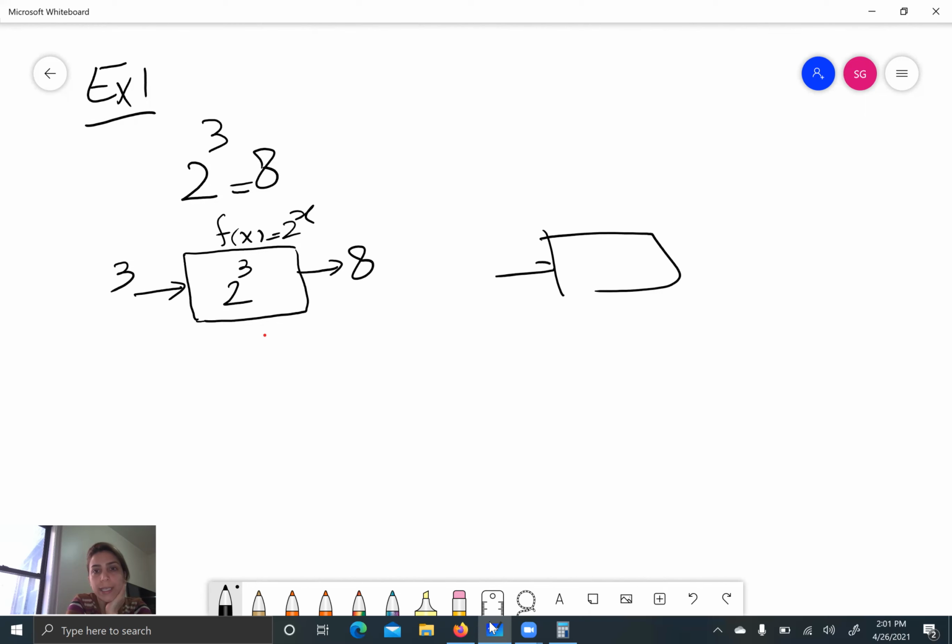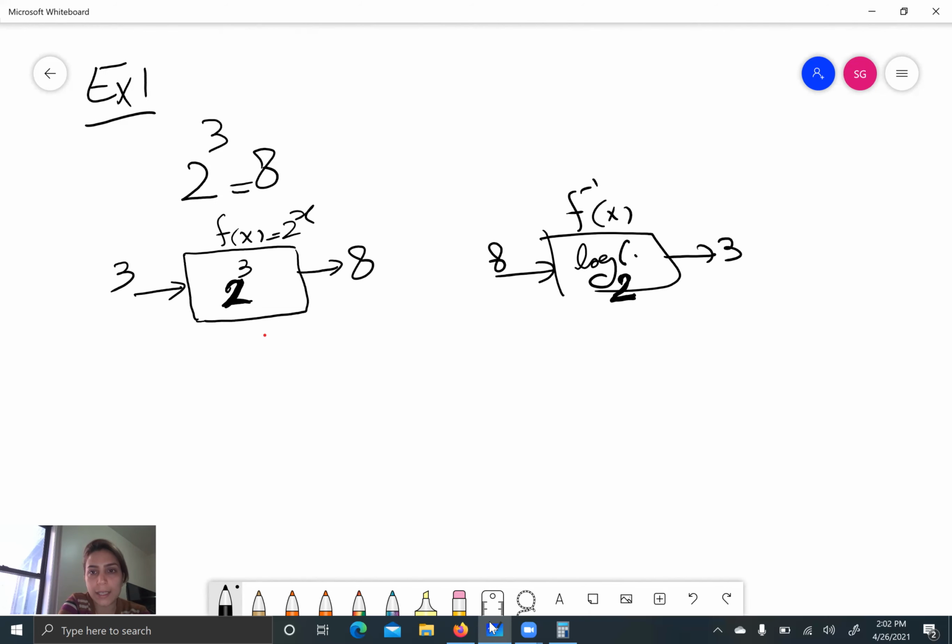The inverse should take 8 and return you 3, right? That is the job of an inverse function. It should take the output and return you the input. So now in terms of notation, we know that this must be a logarithm having the same base. What is the base in the exponential function? 2. So here also the base must be 2, right?